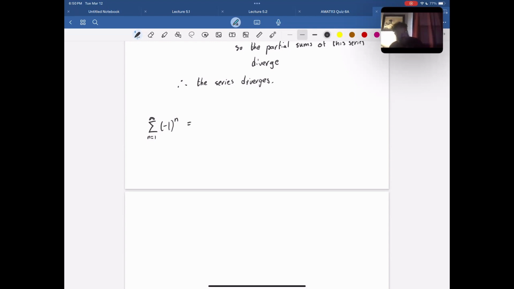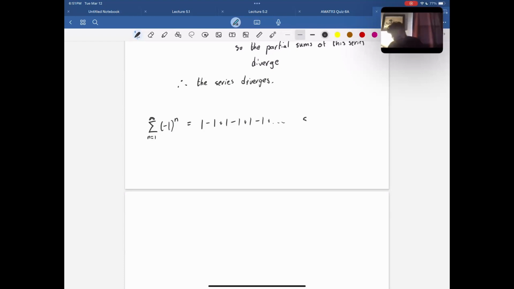Right, and so that'll be equal to 1, -1, +1, -1, +1, -1, and so on. Right, and we kind of get the sense that this thing isn't going to converge, right? But we want to use the principles that were given in order to justify that.